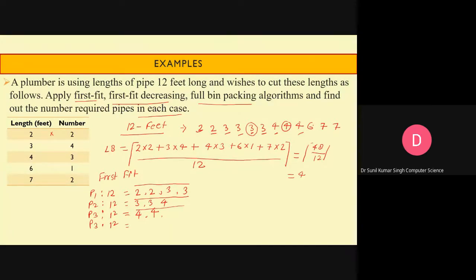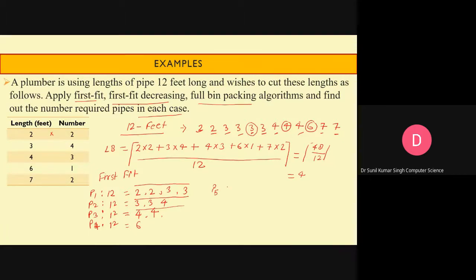So 6 cannot be accommodated here. This 6 cannot be accommodated here. So 6 will come here. It is P4. Now look here. These 2 pieces are still required to be accommodated.